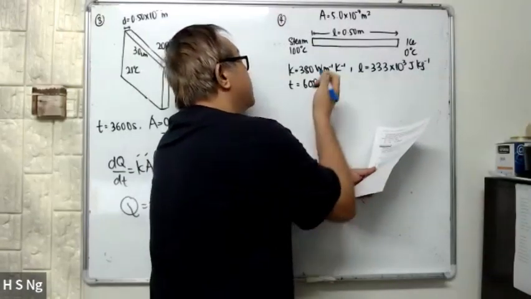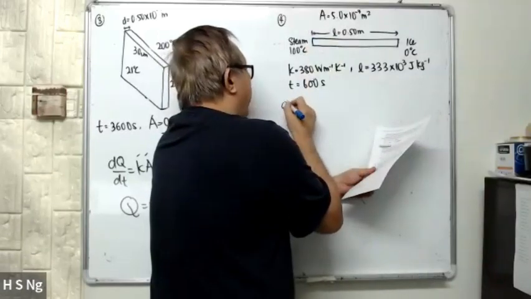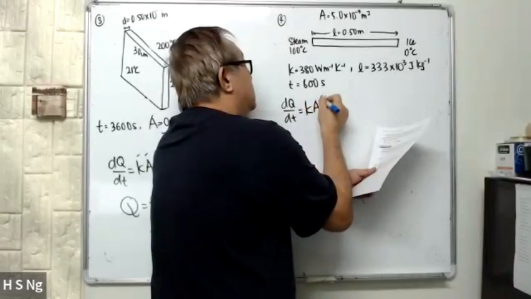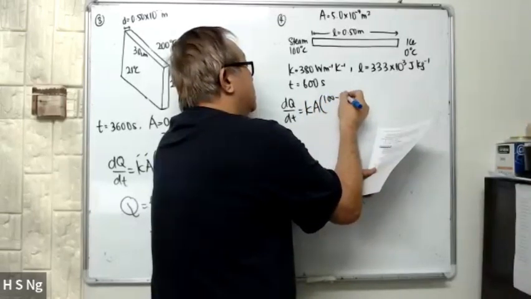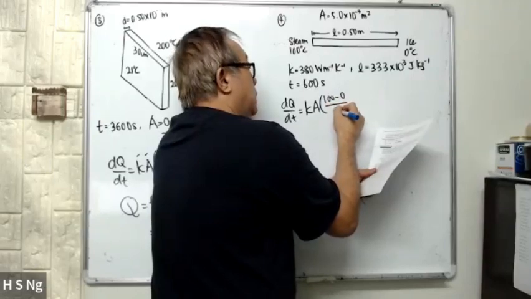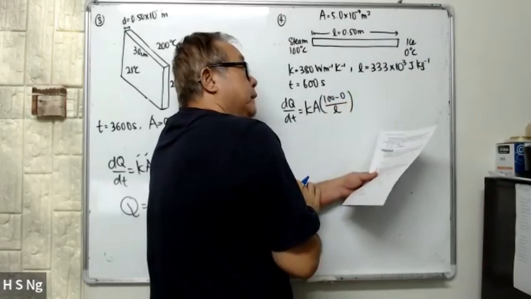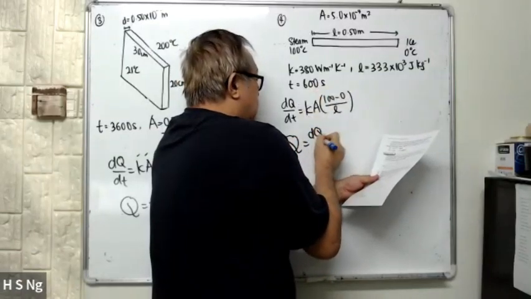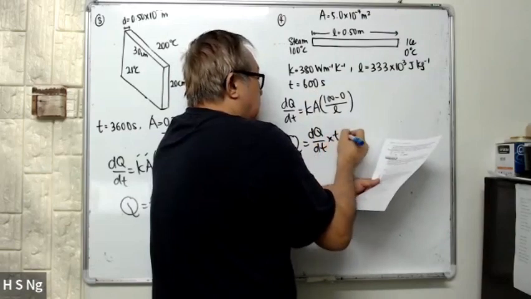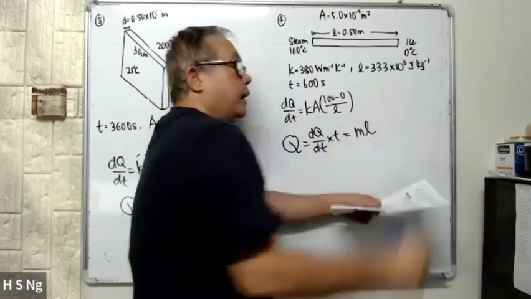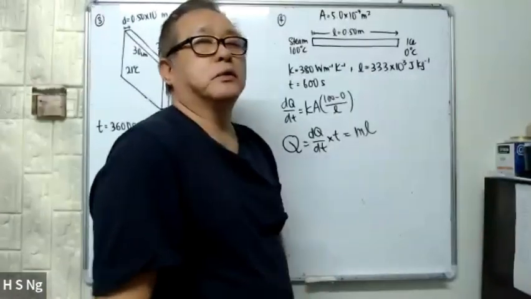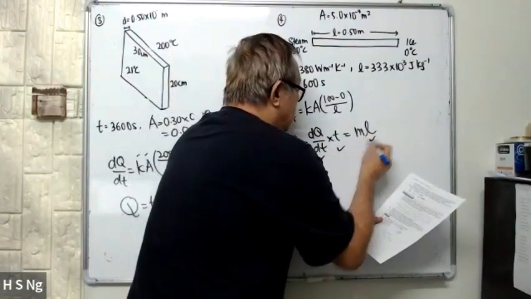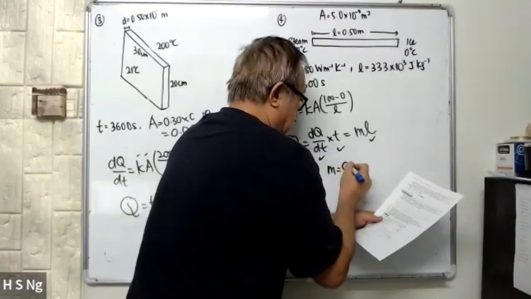So again, just find dQ per dt equal to K, A, higher temperature minus lower temperature, over L. So the heat flow over the time will be this, and the ice melted will be ML, because it's already at 0, so there is no need to find a change in temperature. You know this, you know this, you know this, you find this.